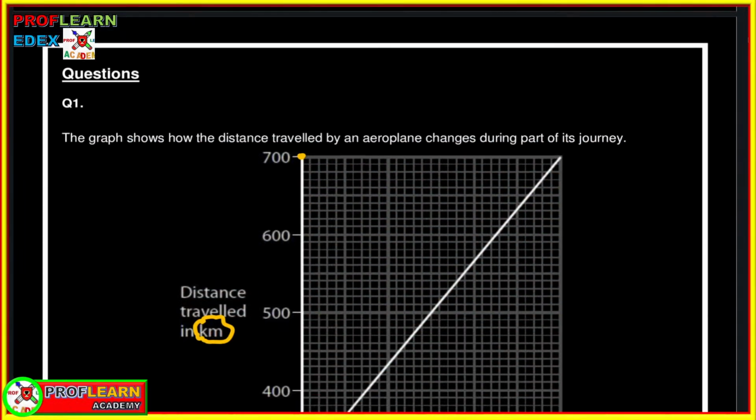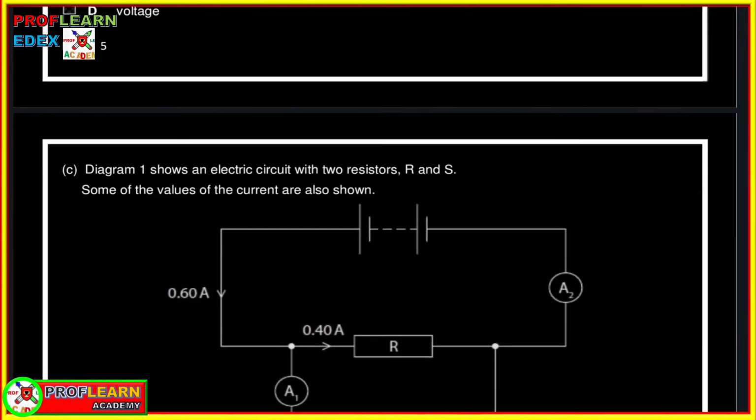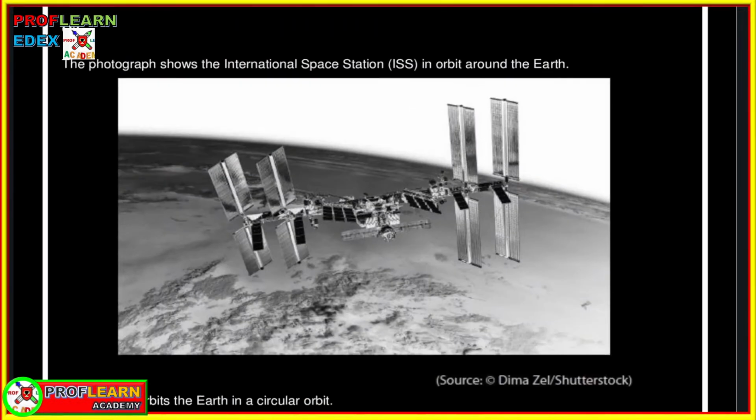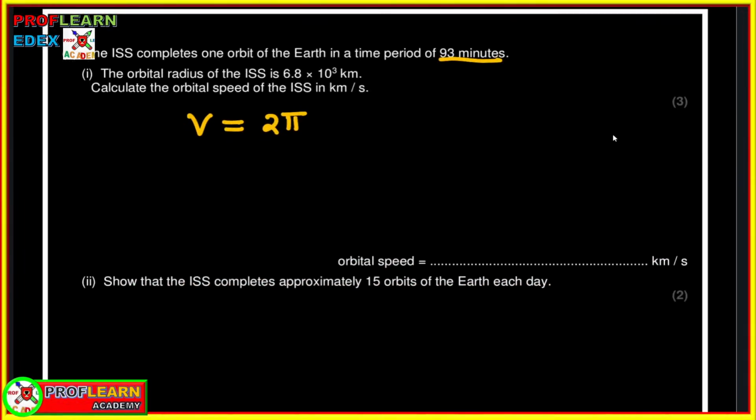Let us go straight to the question. Speed is 2 pi times the radius, and this radius is the orbital radius, over the time period. In this case, we are going to get our speed in kilometers per second, so the distance should be in kilometers.